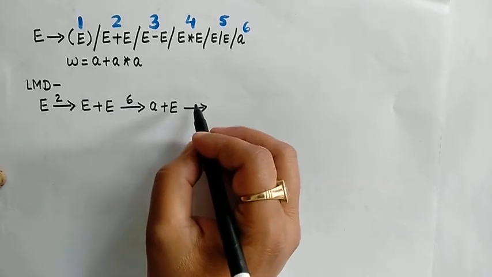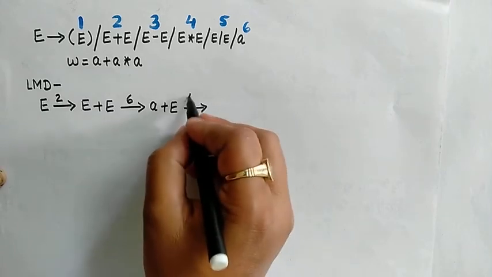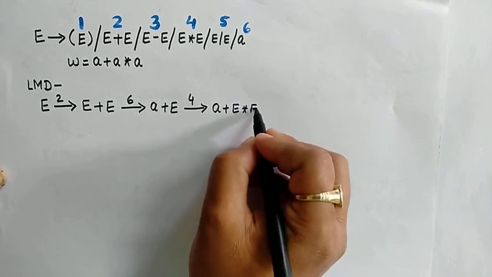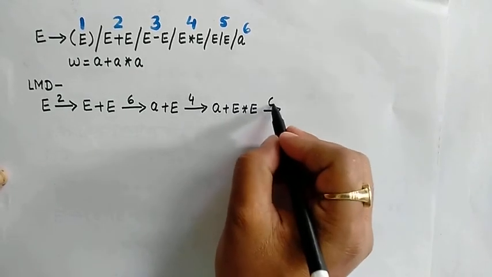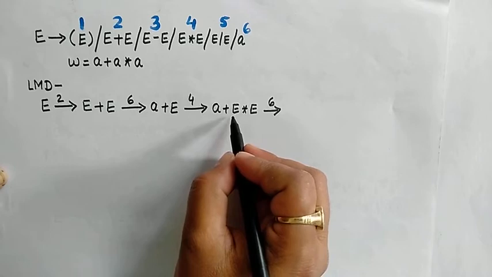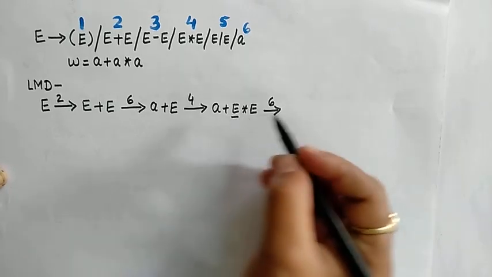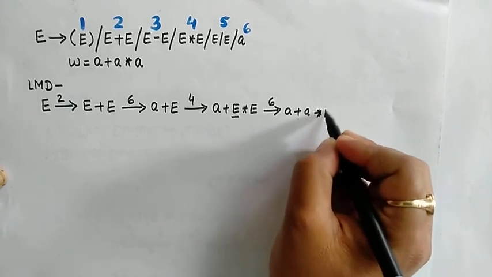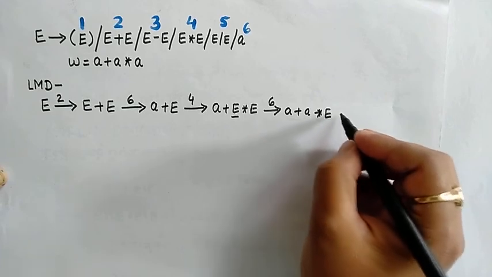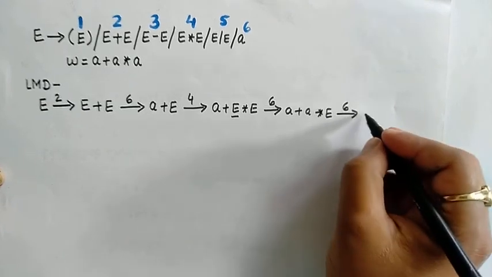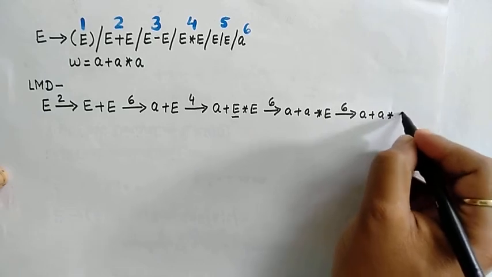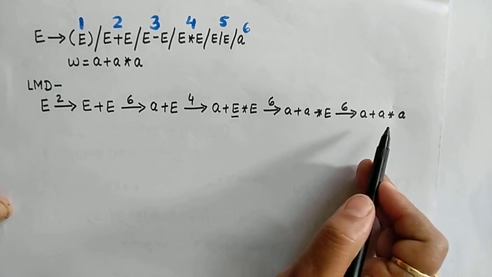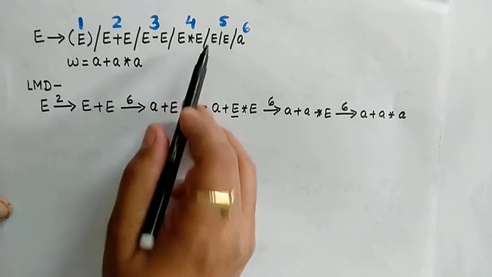Now we replace it by production number 4, so it will be a plus E asterisk E. Then applying production number 6 to the leftmost variable, we move to a plus a asterisk E. Then again applying production number 6, we reach our desired string. So this is the leftmost derivation of this string from this CFG.